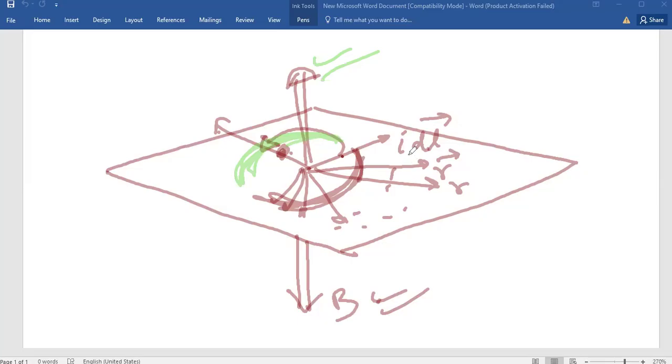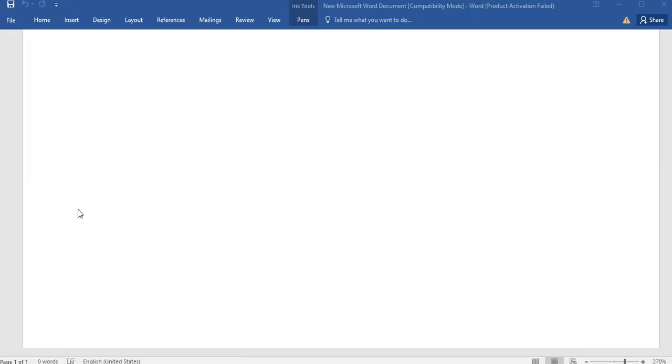Am I clear now? Yes, sir. So that's why we did it like that: for any current carrying wire, the magnetic field on this side will always be cross.